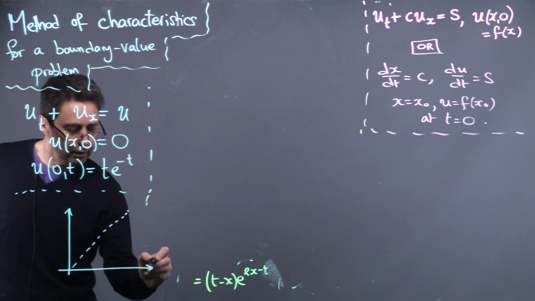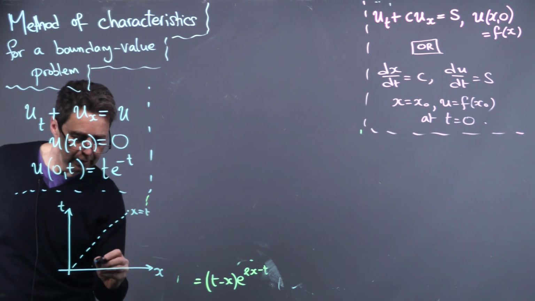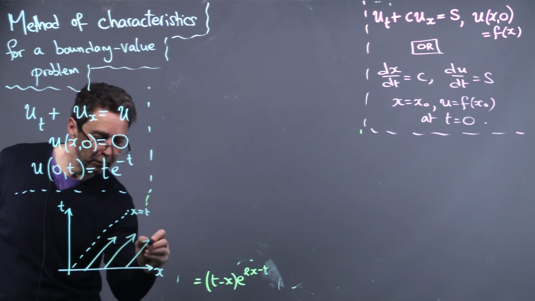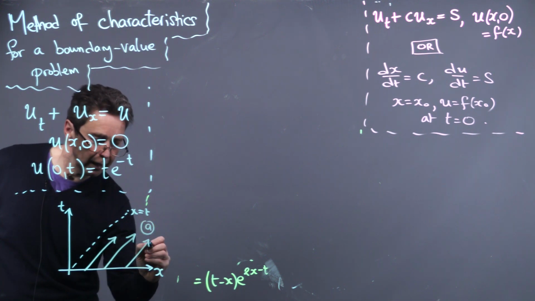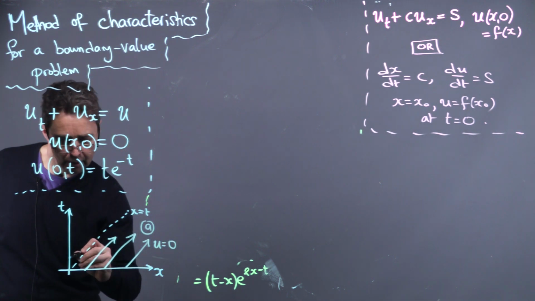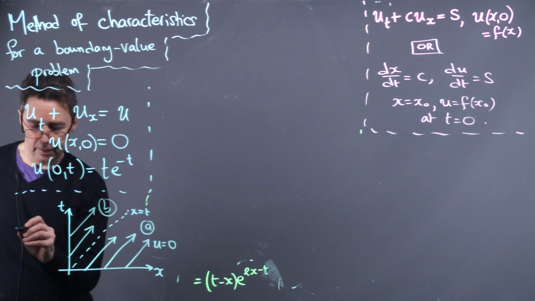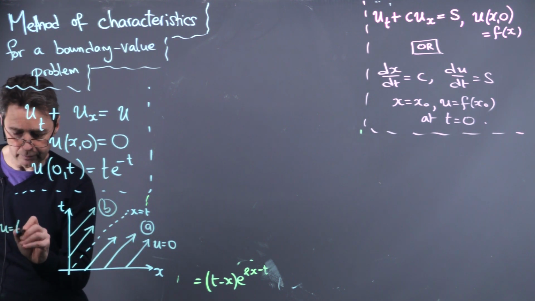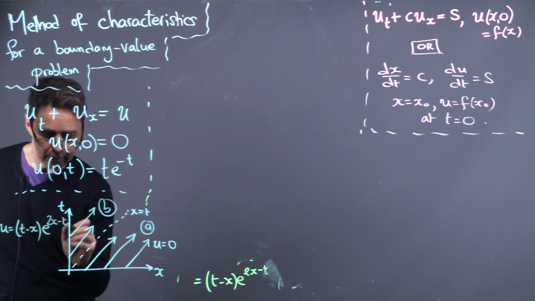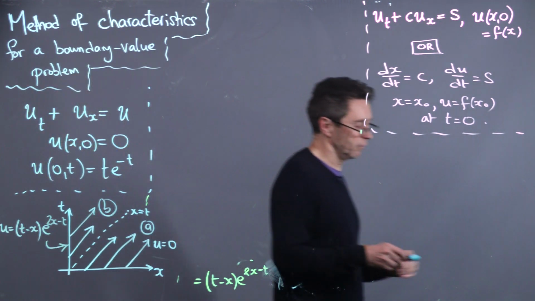This is the line x is equal to t, and down here we've got the characteristics of family A, and we've just learned, since there's no initial condition, that u is equal to 0. Up here, these are the characteristics of family B, and there we've got that u is equal to t minus x e to the 2x minus t. That's the summary of what we've got so far.